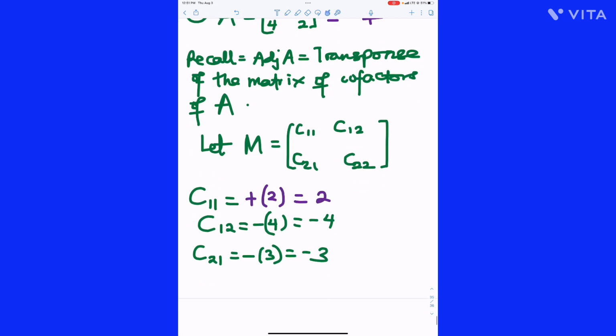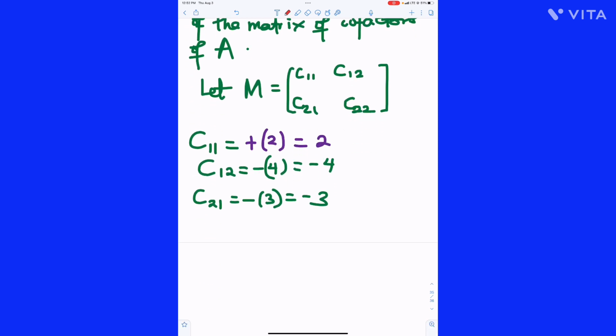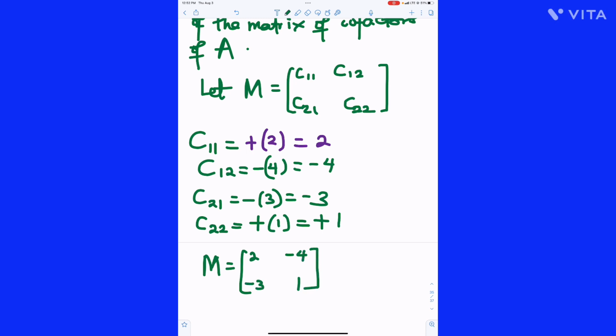The cofactor of the element in the second row, second column is plus 1. So my matrix of cofactors now will be 2, minus 4, minus 3, 1. This is my matrix of cofactors of A.